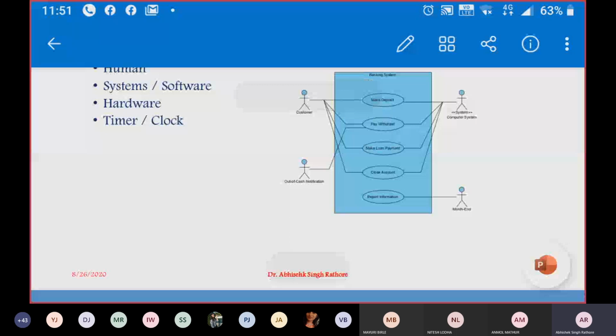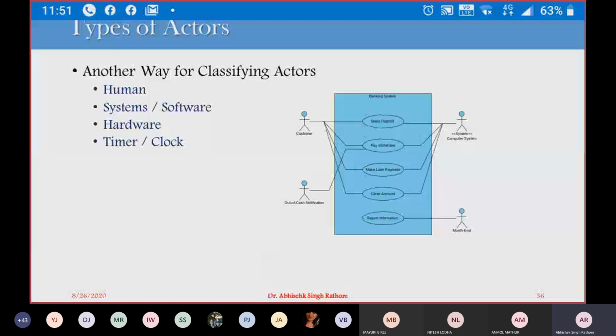We can add a database system as a user of our system, because we have not implemented it yet, or we don't have any specification for the database. So in the early phases we can use databases as actors or supporting actors of our system.